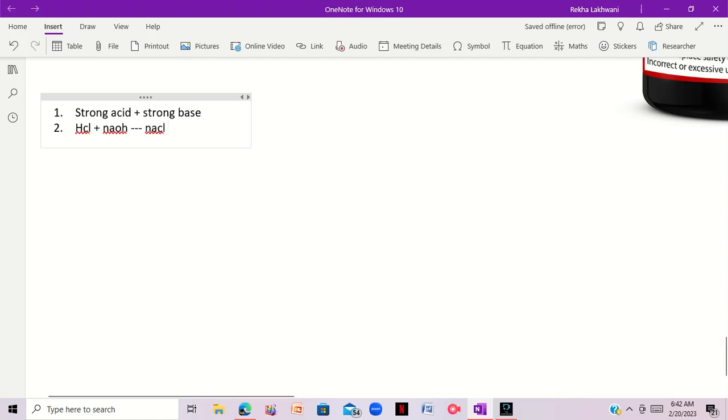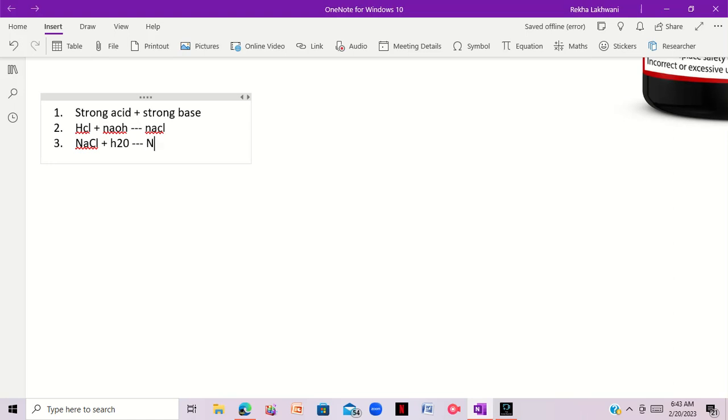Now, what was the definition of hydrolysis? That when the ions of salt combine with H positive or OH negative of water. So let's combine this NaCl with water, right? After combining, let's look at how many ions will be formed.